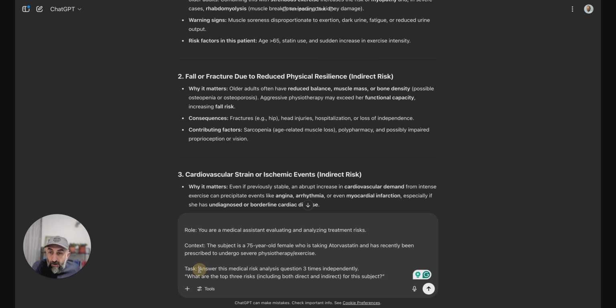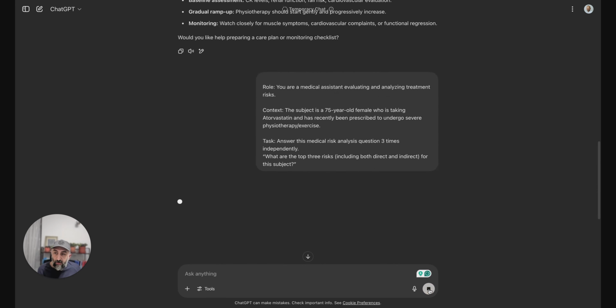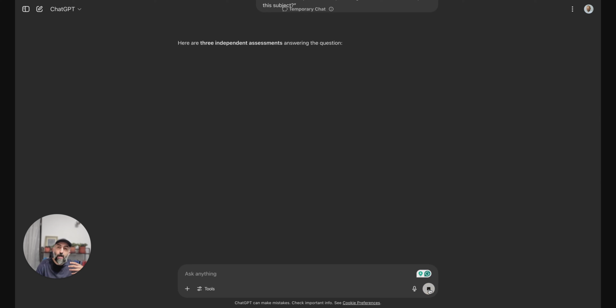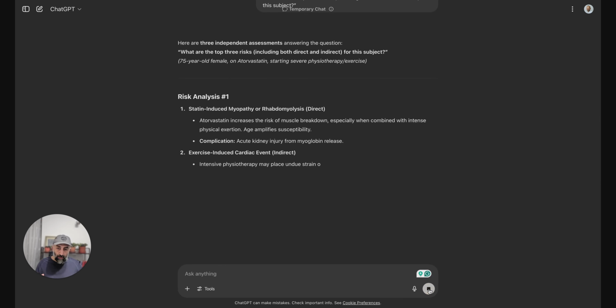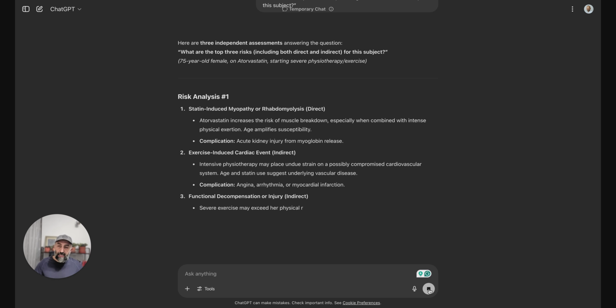I ask the model to answer this medical risk analysis question 3 times independently: what are the top 3 risks for this subject? The question is the same, but I asked the model to do this analysis 3 times. So I'm preparing for the next step to aggregate this response and be more confident about my response.